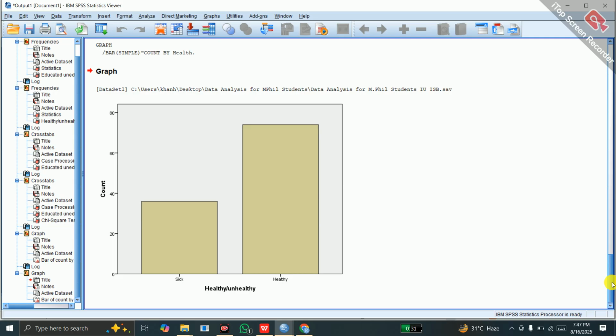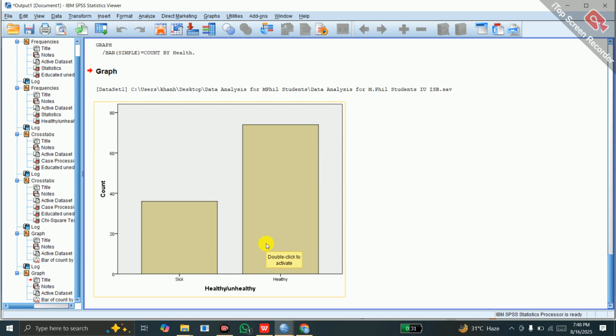So if you analyze the data, the total number of healthy students is 74, and the number of sick students is 36, and the total number of students is 110.